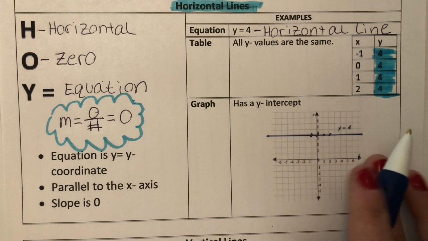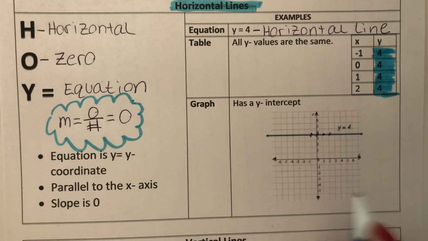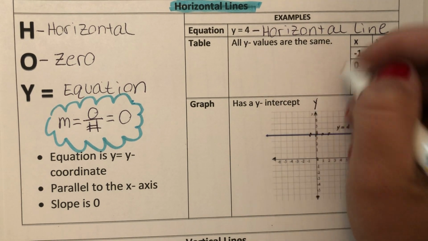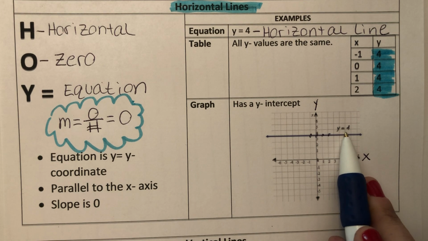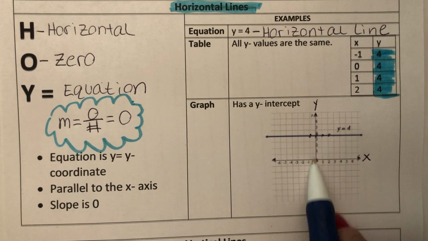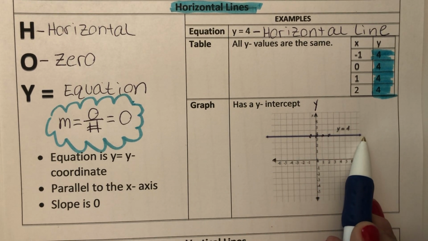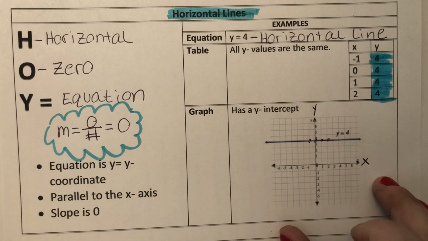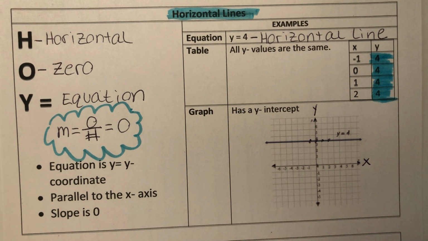That makes a horizontal line. So it is parallel to our x-axis. Here's our y-axis, and it's y equals 4. So it's going through our y-axis at 4. So these are the different ways that we know that it's a horizontal line.